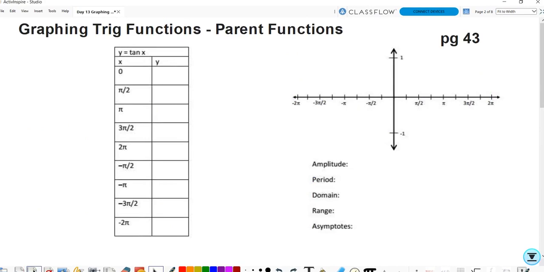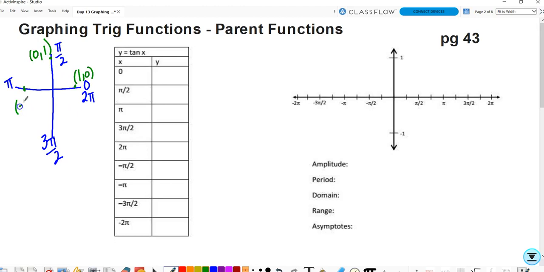Okay, so if you turn now to page 43, we've got the tangent function. Let's sketch our quadrantals again. Okay, so tangent around our circle was the ratio of y over x.